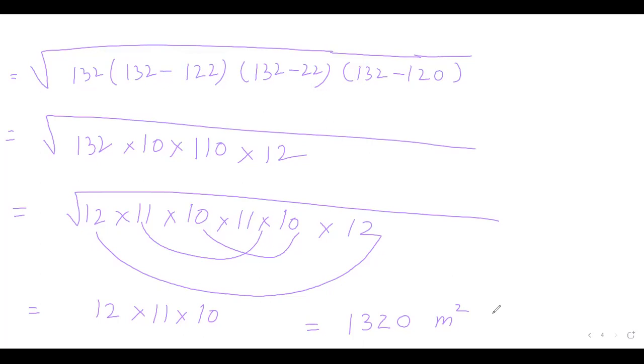Okay, so now we need to calculate the rent for 3 months. Rent for 1 meter square for 12 months, 1 year, is rupees 5,000.